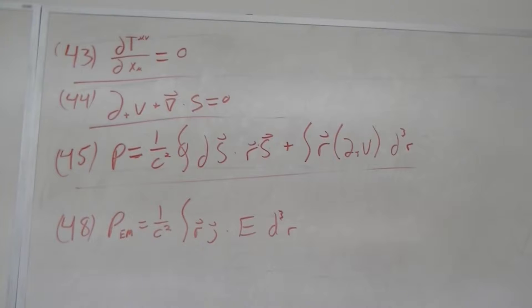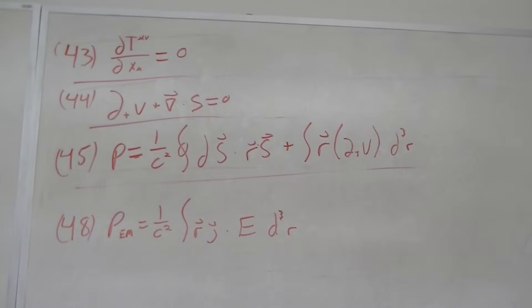The proof is based on the vanishing divergence of a stress energy momentum tensor, which is equation 43 there. Equation 43 is just the energy momentum tensor. And then for equation 44, this is the reduced form of 43.